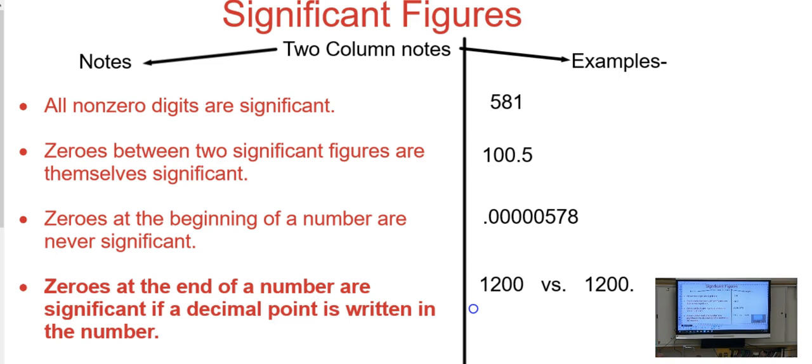All right, so here we go. Significant figures, and if you watched the video, all these rules were there, and I hope it was helpful. The first rule is that all non-zeros are significant. Now, we need to be able to do two things with sig figs. We need to be able to look at a number and determine how many significant figures are in that number.